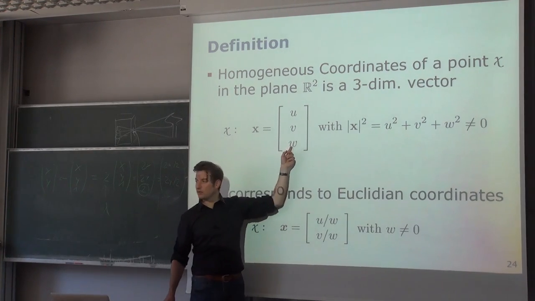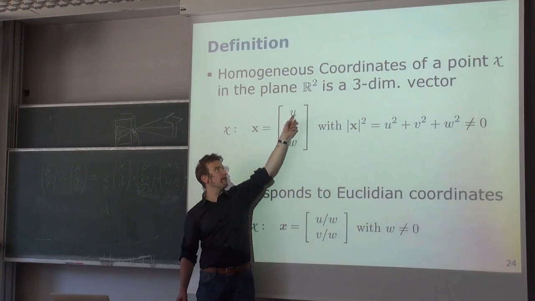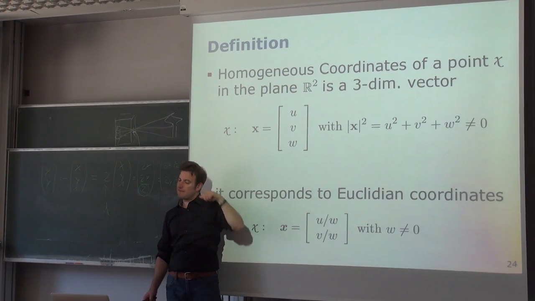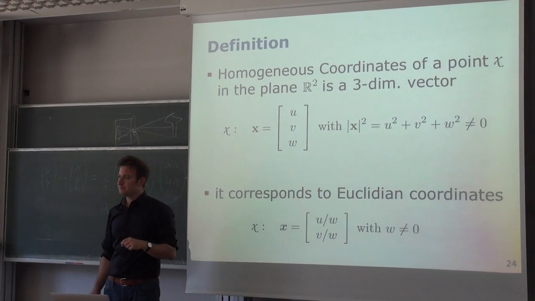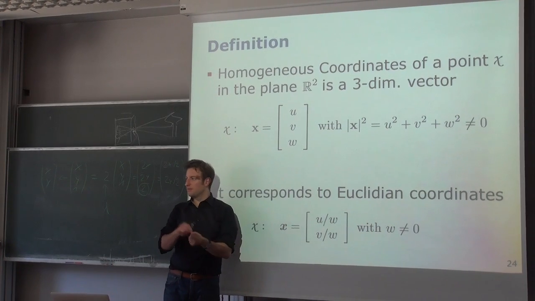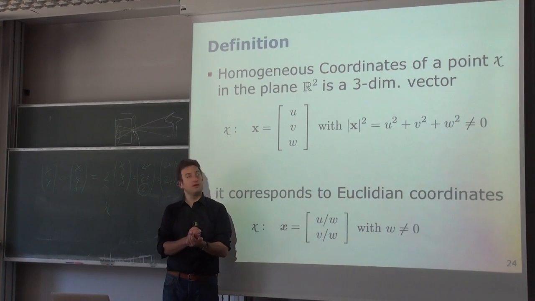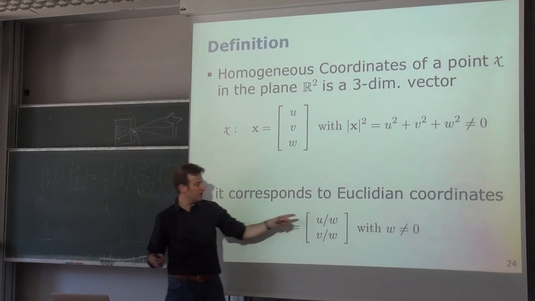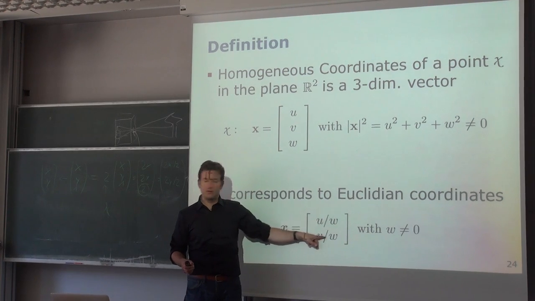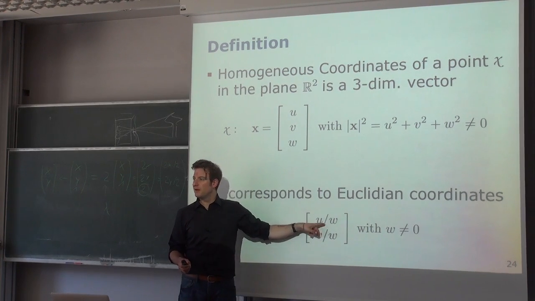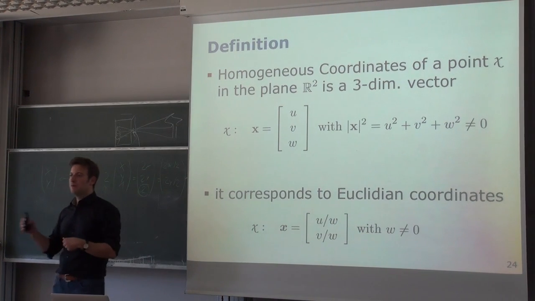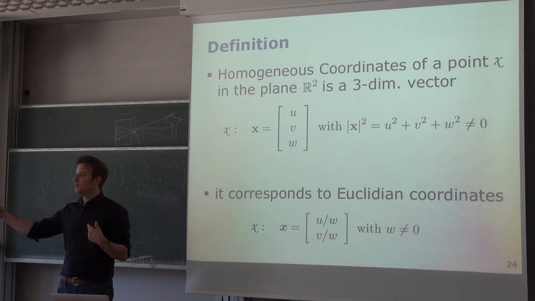If this value is 0, we can still represent a direction with those two components, but represent that the point is actually at infinity, infinitely far away. At that point, there's no direct relation between the point in homogeneous coordinates and in Euclidean coordinates, because in Euclidean coordinates, due to this division, those values would approach infinity, and therefore we won't have finite coordinates in here. So we can represent points at infinity, but not with finite coordinates.